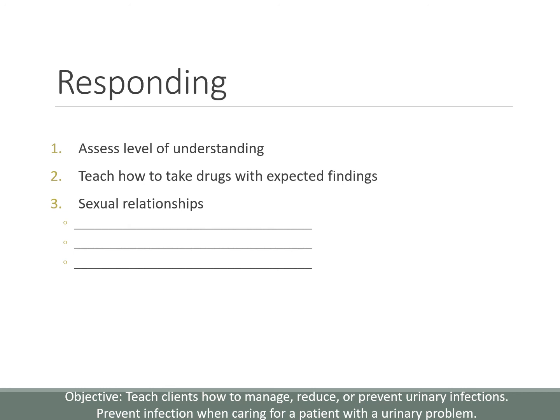We want them to continue to take the drugs, anticipate the orange urine with the pyridium, and with nitrofurantoin anticipate the highlighter yellow urine. Assess their feelings as well, because they may have a quality of life impairment and feel a little embarrassed because they understand that we know it was from some sexual activity.